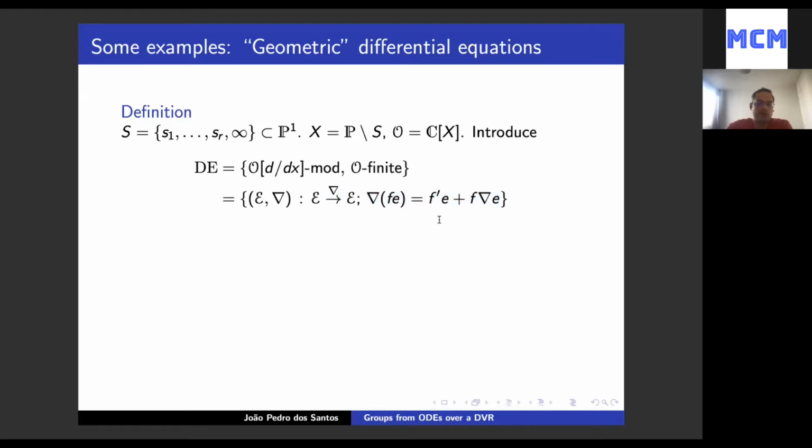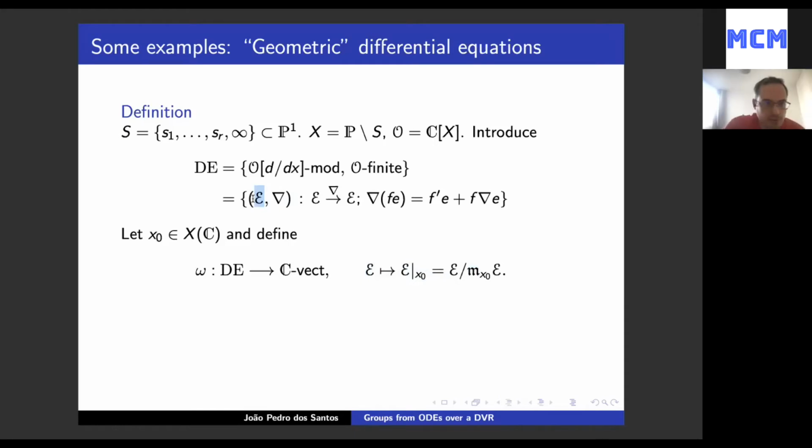Once I do that, I bring in one point of this variety X, this open subset of the affine line, and I consider the functor which associates to each element in this category of differential equations its fiber over that point. An important feature of these connections is that once I have the structure of a connection on the coherent sheaf, it turns out that the coherent sheaf is a vector bundle.